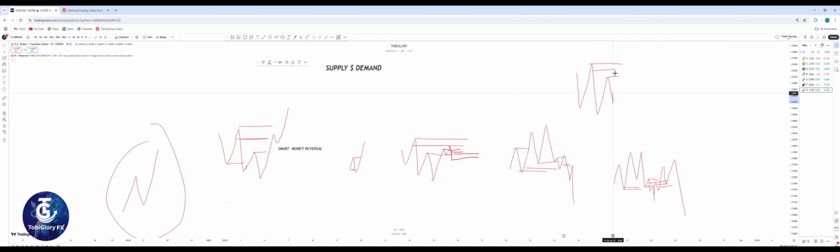If we have it like this, and it happened outside, it is going to fail. Why? Because this internal is where we have our money in. So this manipulation occurring outside is just a trap for a lot of traders. So we need it to happen inside. It must happen inside before breaking the structure.